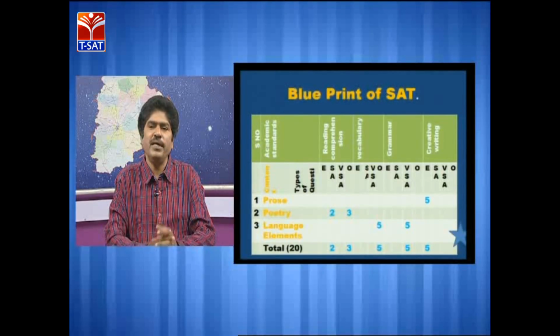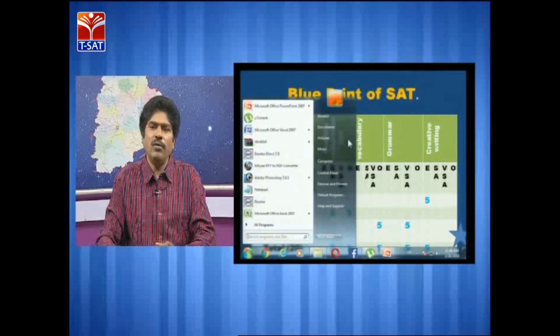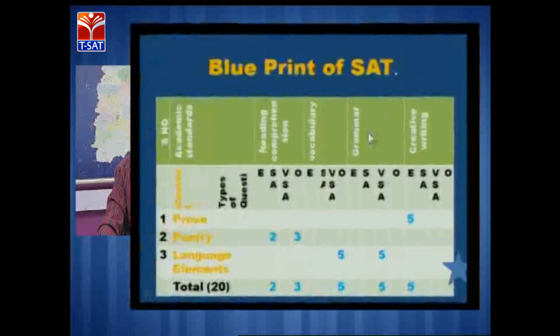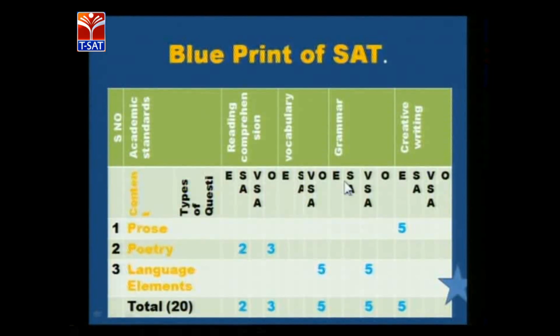What types of questions you have given is also clearly given here. Types of questions: essay questions, short answer questions, very short answer questions, then objective types of questions. In this way, the entire picture of your question paper can be understood by observing this blueprint.